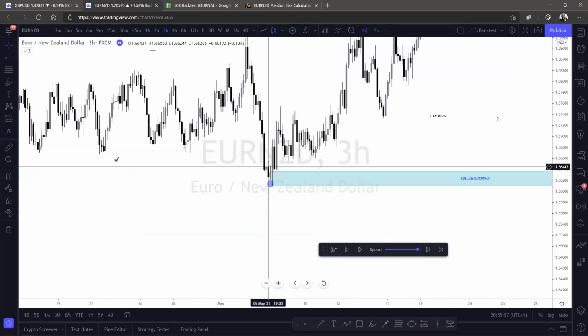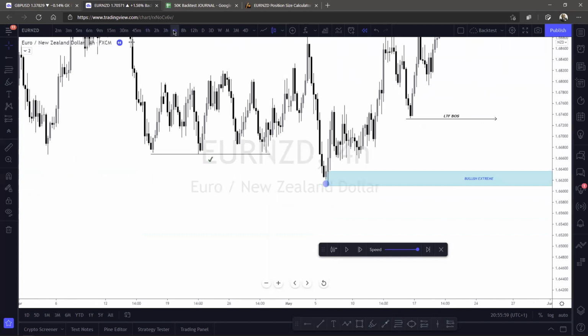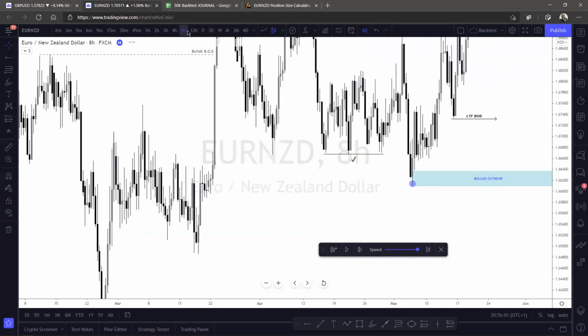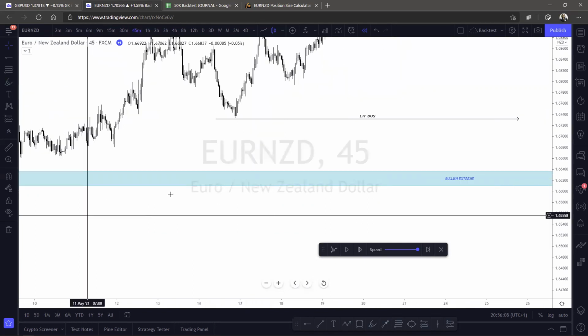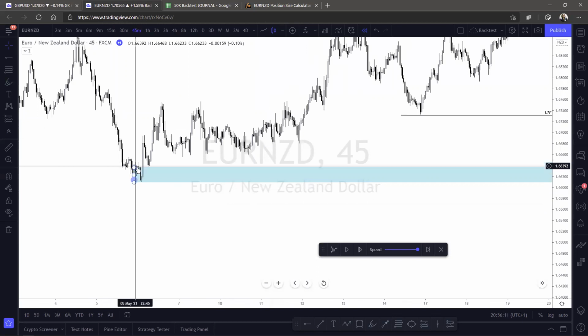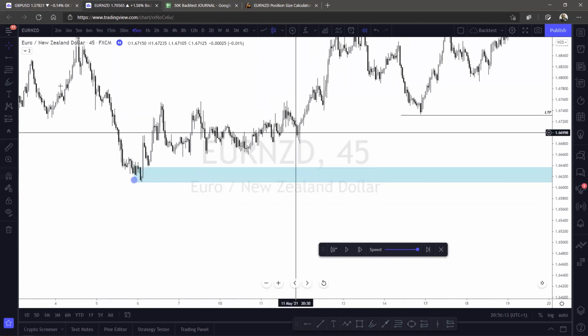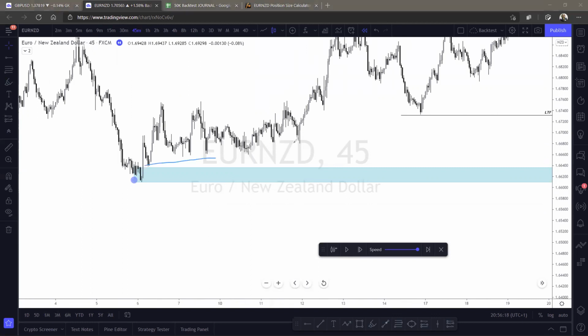In real life I still would have put a limit here rather than here, because to me I would see all of this as liquidity, this as liquidity here, and then this we can see the imbalance. You can see the push down, no mitigation whatsoever. So that still would be my limit to place and not here.